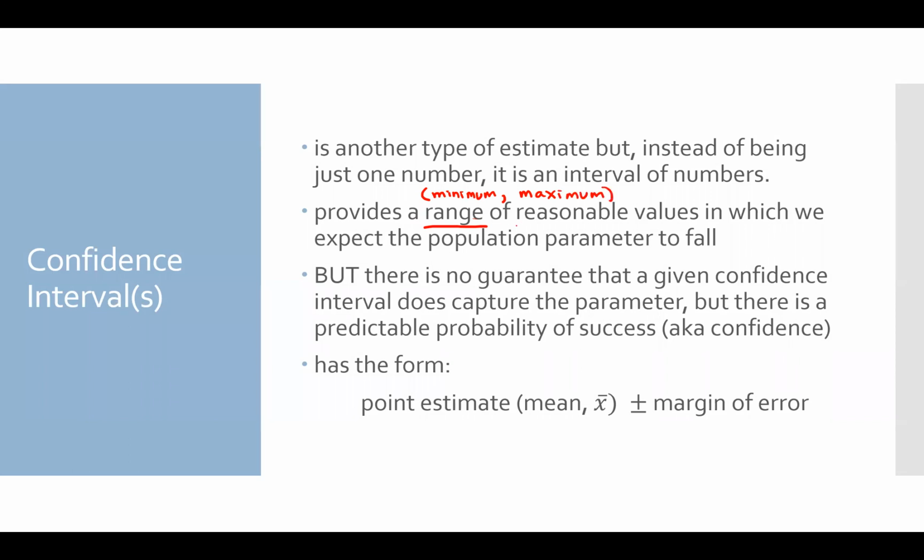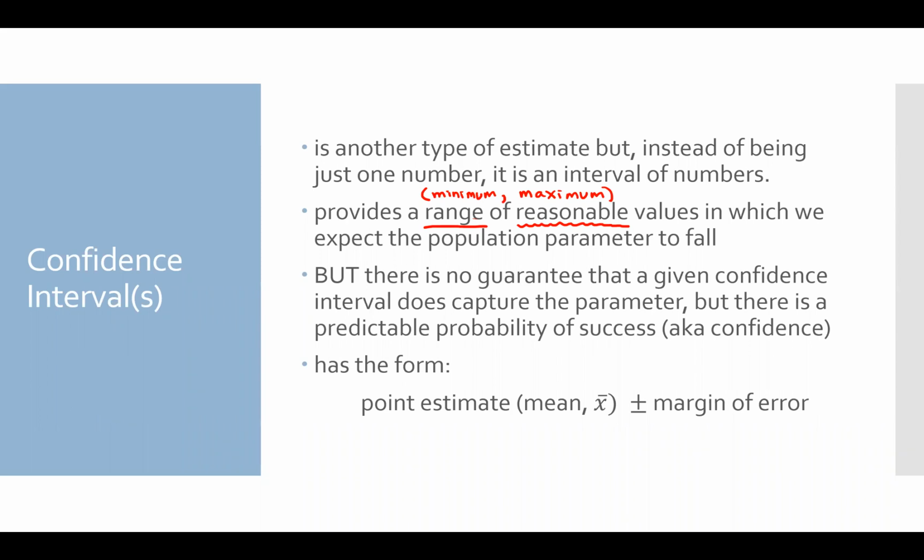And the other word here that's important is reasonable. It gives you a range of reasonable values in which we expect our measurement, our population parameter, to fall.